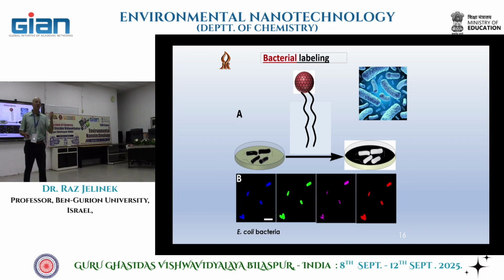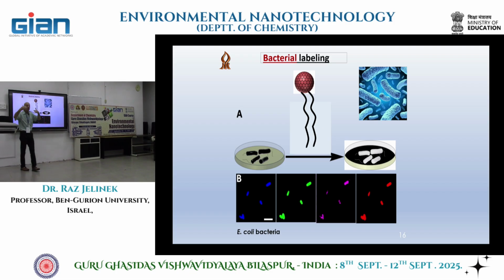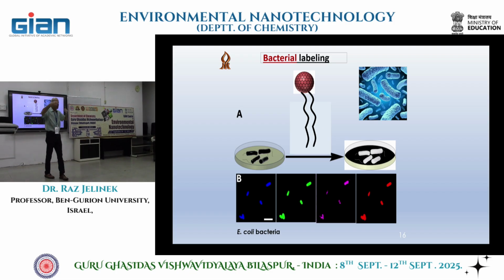Remember the color of the carbon dots, the beautiful color of the carbon dots. Now what we did, we simply mixed the solution of the carbon dots with the bacteria. The bacteria actually didn't care. They just grew. But the carbon dots were attached to the surface of the bacteria through the interactions between the aminoguanidine and the LPS, and we get bacteria with color.